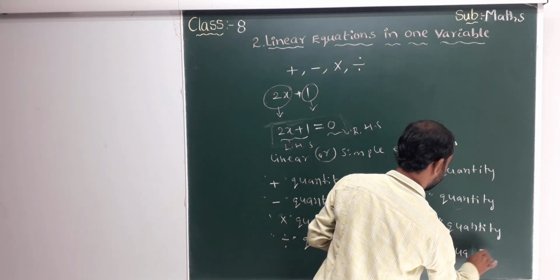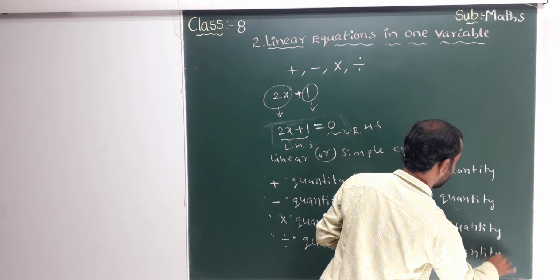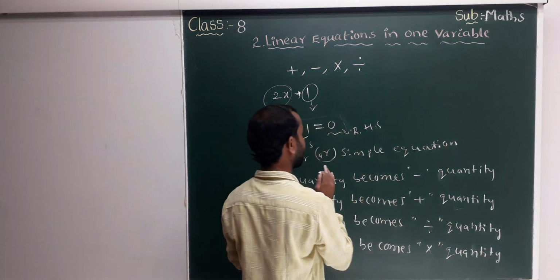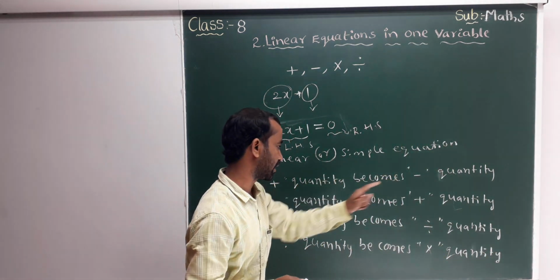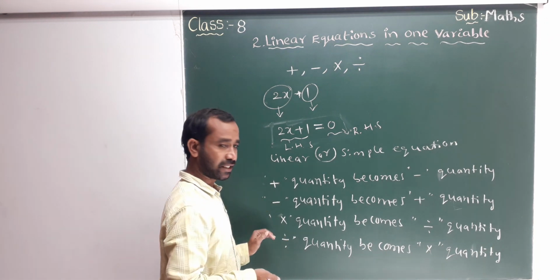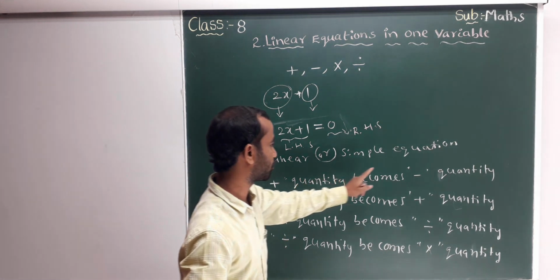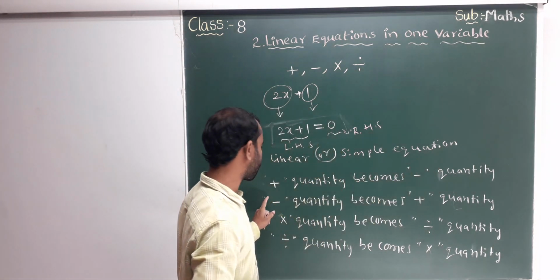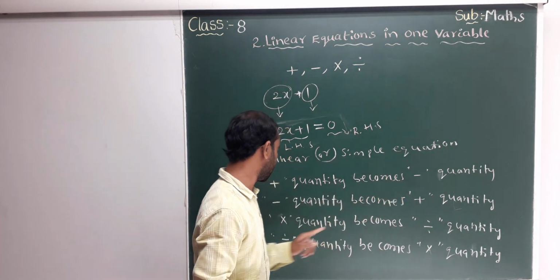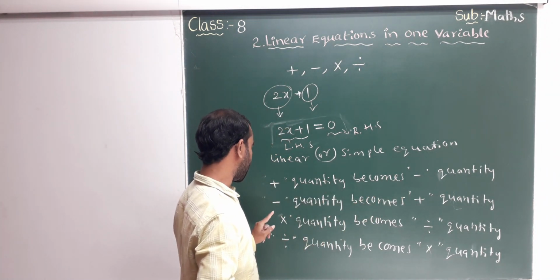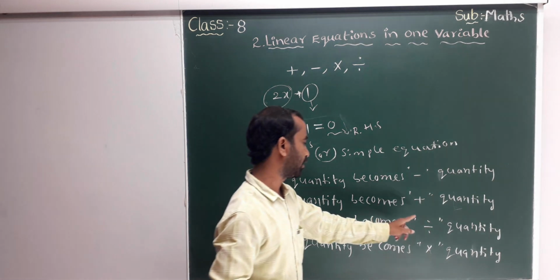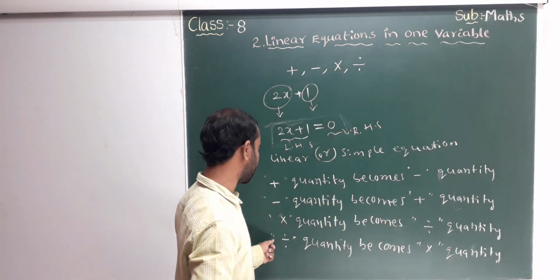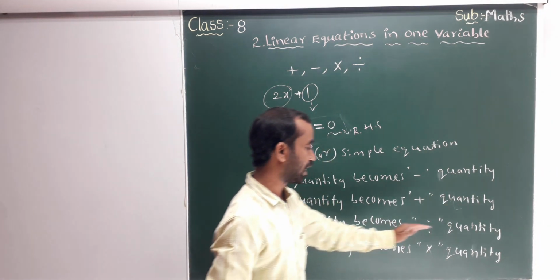So each term transposed from one side of the equation to the other side changes. Plus quantity becomes minus quantity, minus quantity becomes plus quantity, into or multiply quantity becomes division quantity, and division quantity becomes multiply.